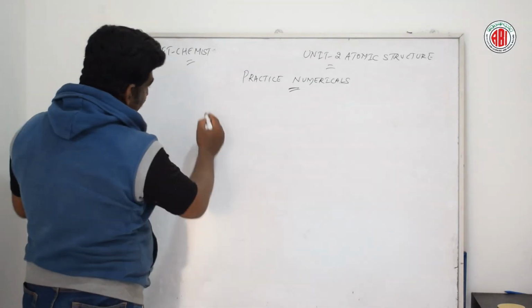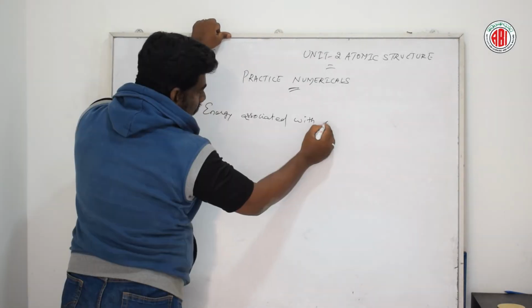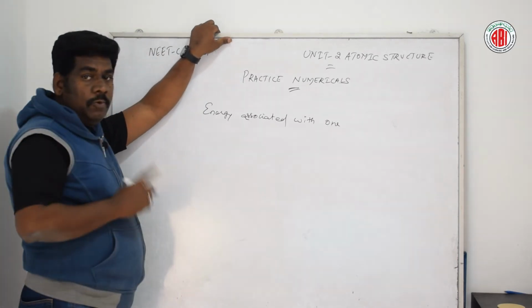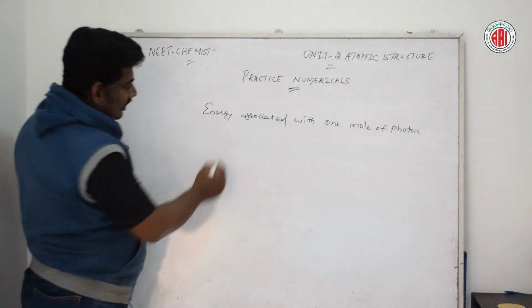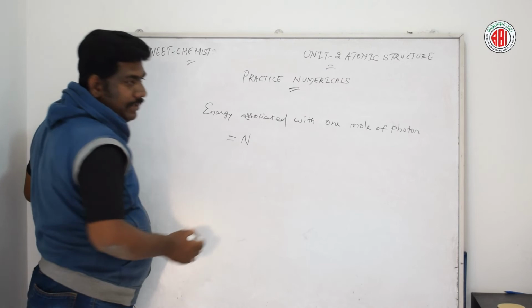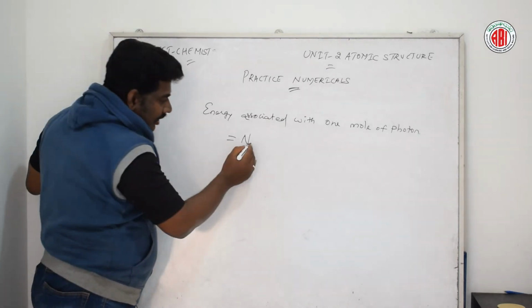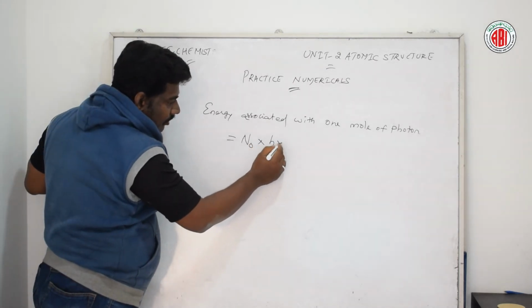According to this question, the energy associated with 1 mole of photon is Avogadro number, that is N A into h into nu.